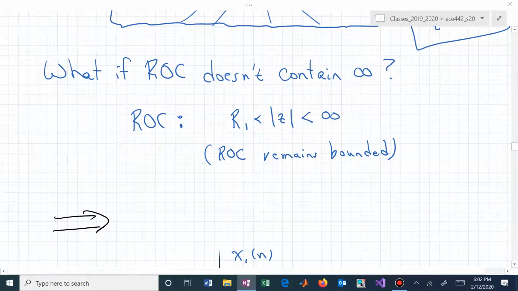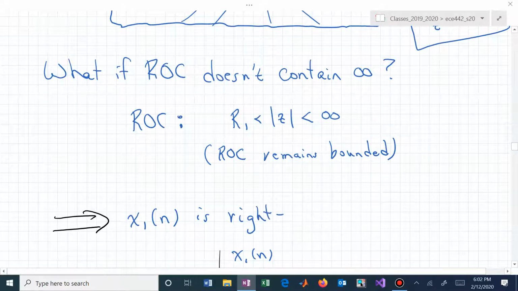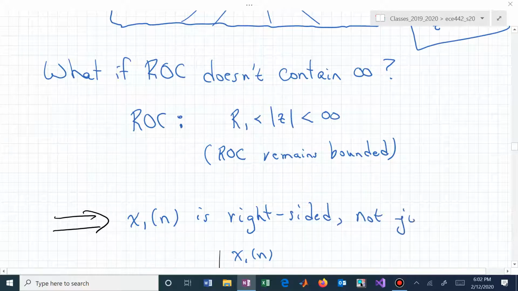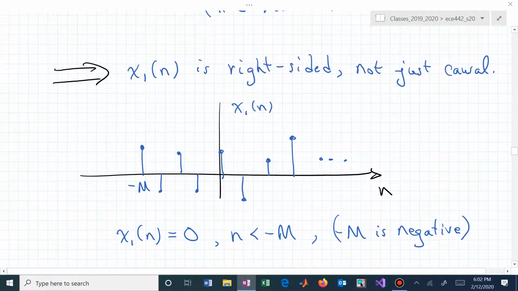That allows us actually to say that x1 of n for pattern 1 is not just causal, it could be right-sided. It could be more general than a causal waveform. x1 of n is right-sided, and not just causal. By that, I mean you could have a finite number of terms on the negative side of n equals 0. That's what I mean by right-sided.